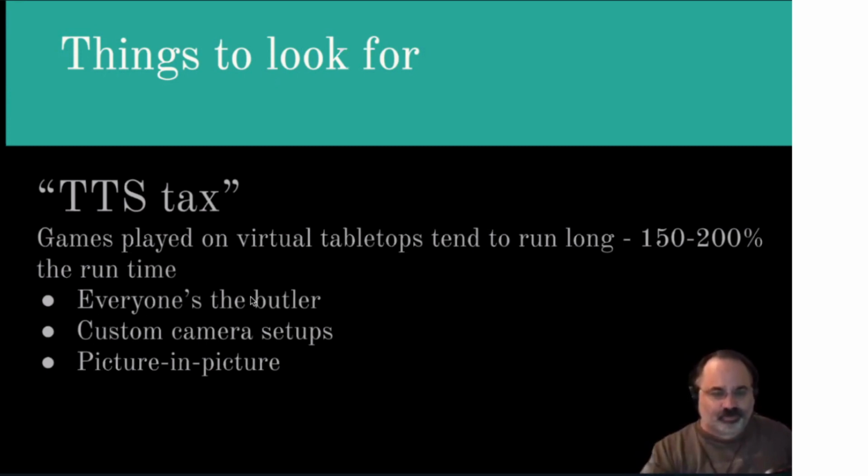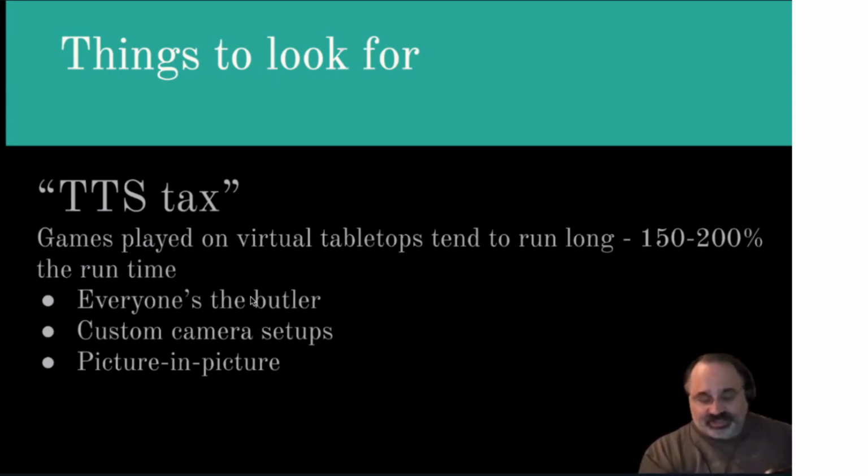Even better, Tabletop Simulator supports picture in picture. So if you've got a game with a personal player board, you can nestle that in a picture in picture window, keep that in the corner of your screen, and then have the main board take up the main part of your screen. And I found that is fantastic. That literally saves 15 to 30 minutes, depending on the game, if everybody's doing that.